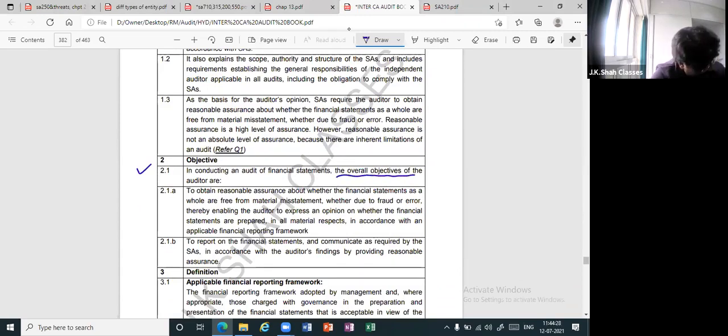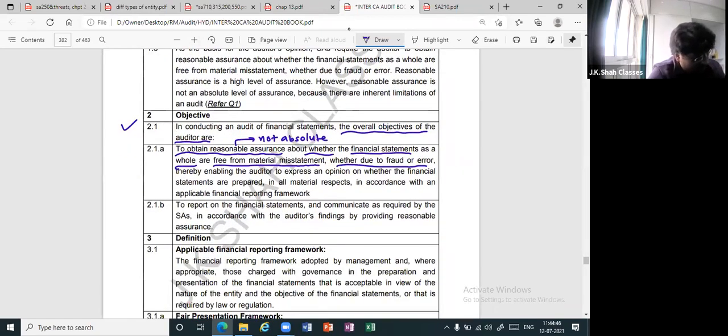The overall objectives of the auditor are to obtain reasonable assurance, not absolute, since it is not possible, that the financial statements as a whole are free from material misstatement, whether due to fraud or error. Page number 454.